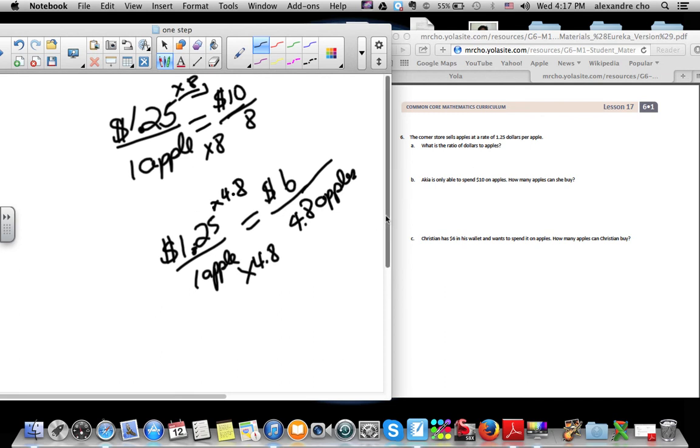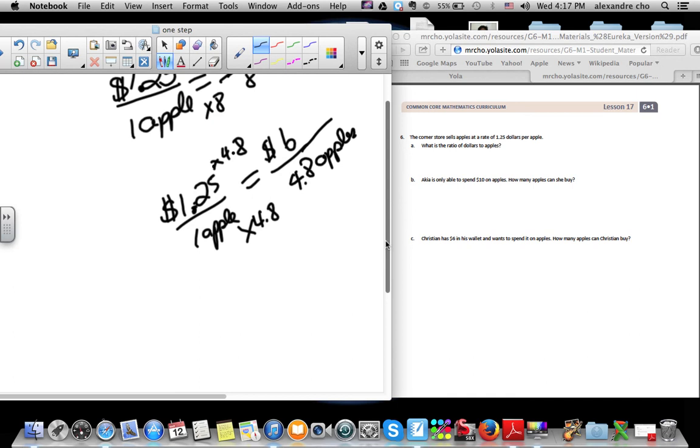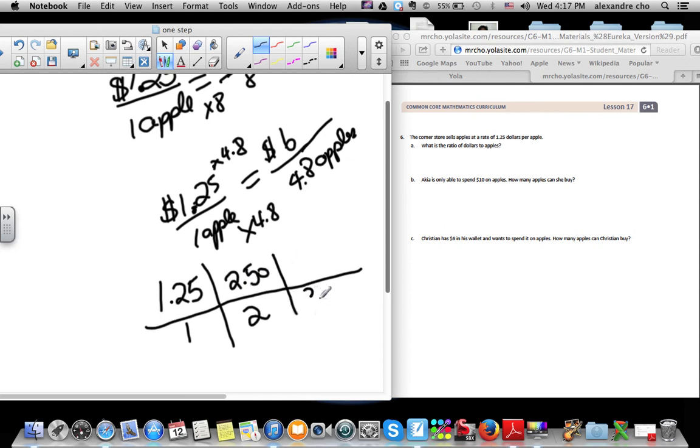Okay, I would have much rather done it this way, using a rate table instead. $1.25 for 1 apple. 2 apples would be $2.50. 3 apples would be $3.75. 4 apples would be $5.